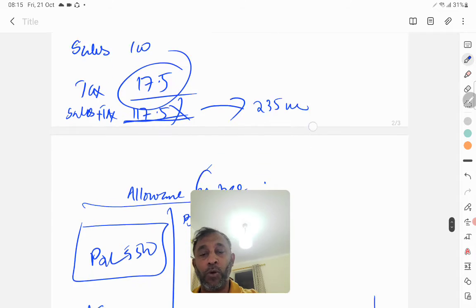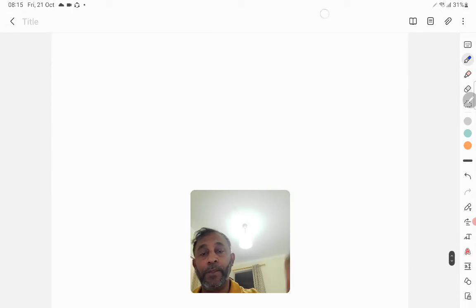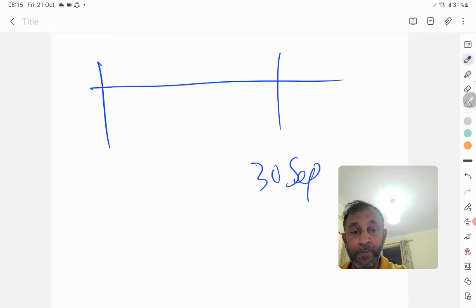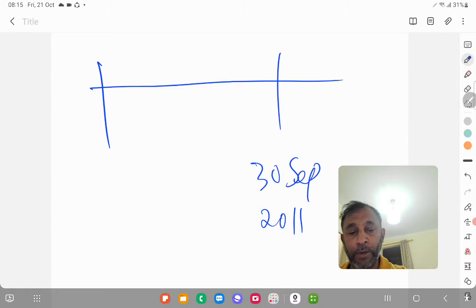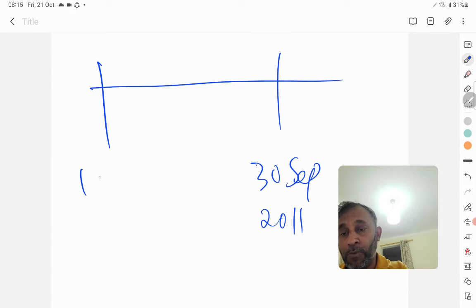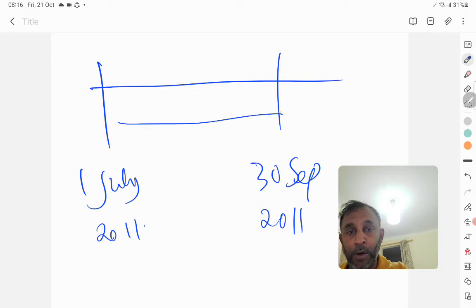Now if you look closely, the year end is 30 September 2011. The date of acquisition is 1 July 2011. And how long between these two? July, August, September. So there are 3 months.